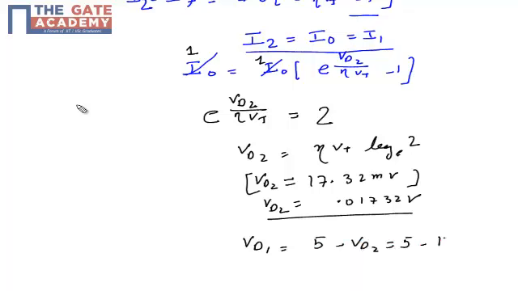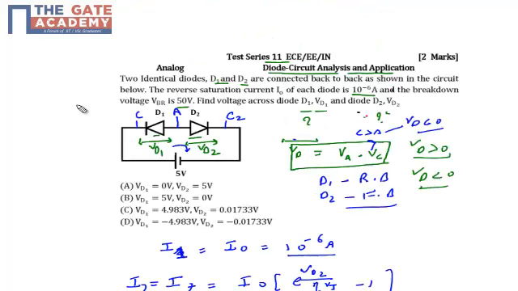So 5 minus 17.32 millivolt is approximately 4.983 volt. The voltage drop across D1 is 4.983 volt, while the voltage drop across D2 is 17 millivolt. So my correct option is option C.